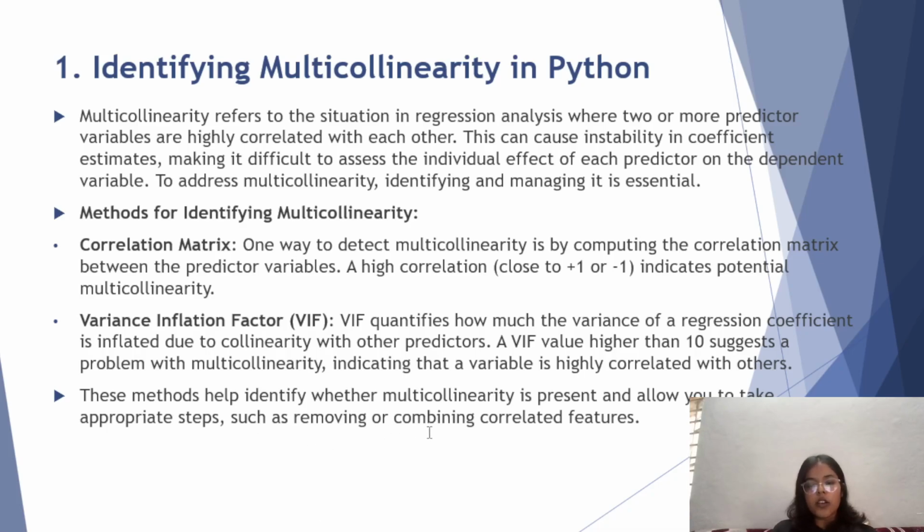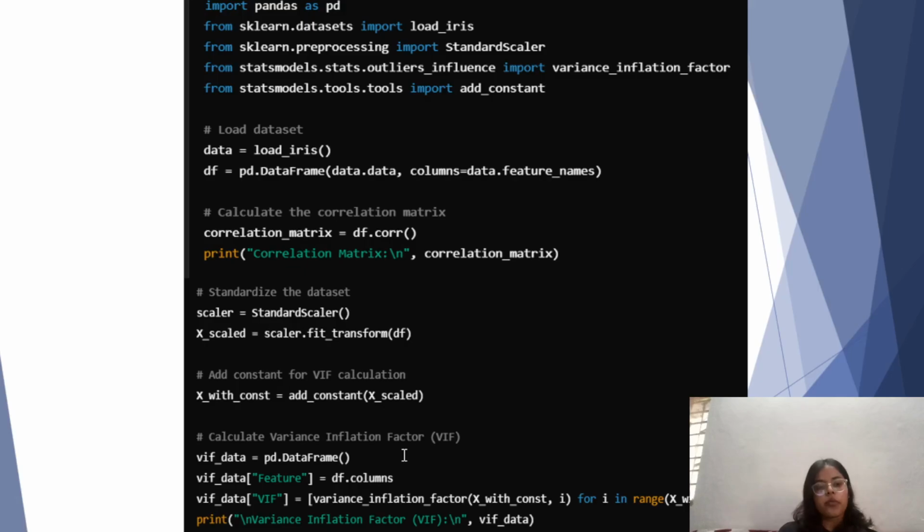It is highly correlated with others, and a change in other data will result in a change in that element too, or vice versa. So, these methods help identify whether multicollinearity is present and allow you to take appropriate steps, such as removing or combining correlated features.